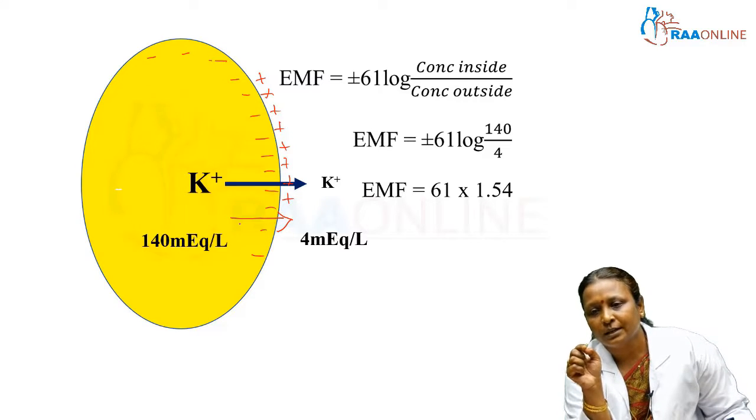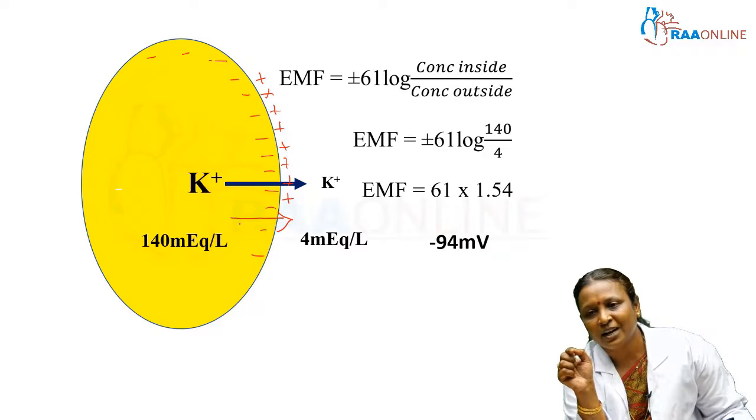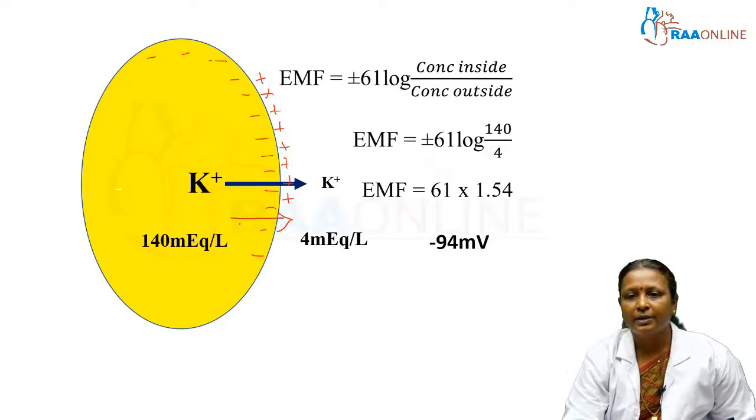So, the Nernst equilibrium potential for potassium ion is minus 94. The electrical potential at which the concentration gradient opposes the electrical gradient and there is no net movement of potassium ion is the Nernst equilibrium potential for potassium. It is minus 94 millivolts.